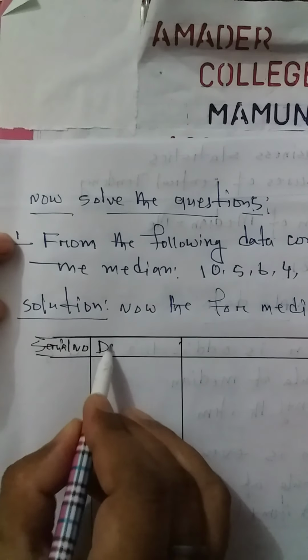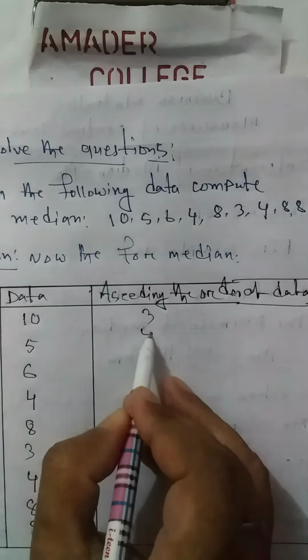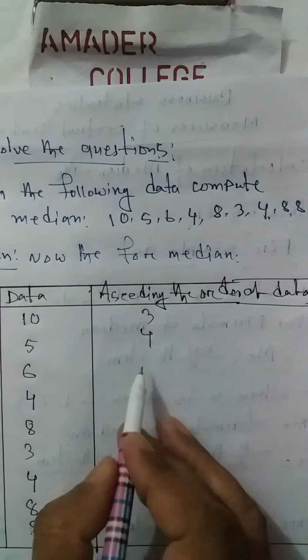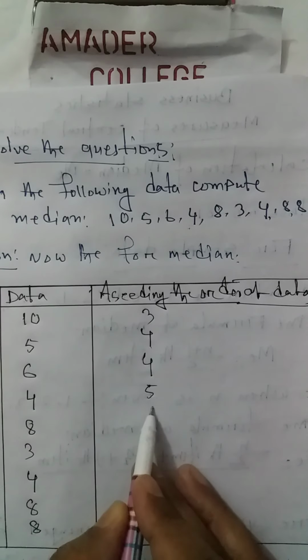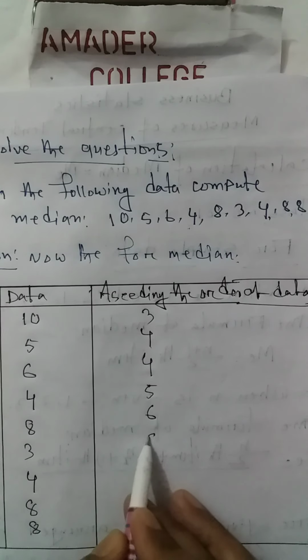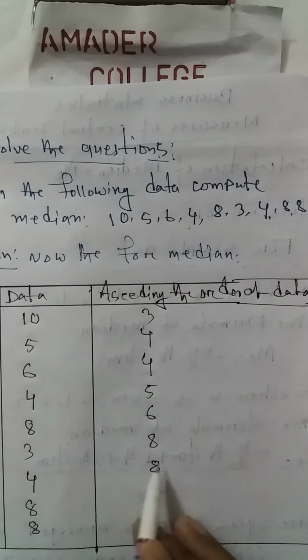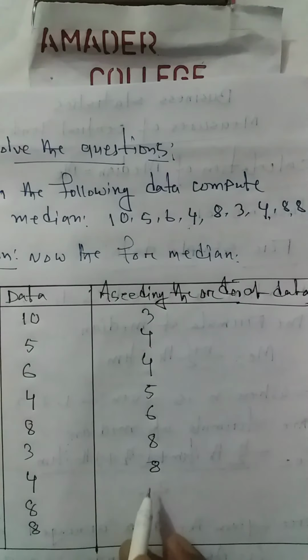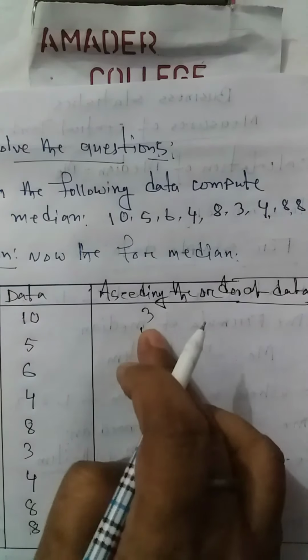The lowest value is 3, then 4 4, then 5, 6, 8 8, then 10. 1 2 3 4 5 6 7 8 9.